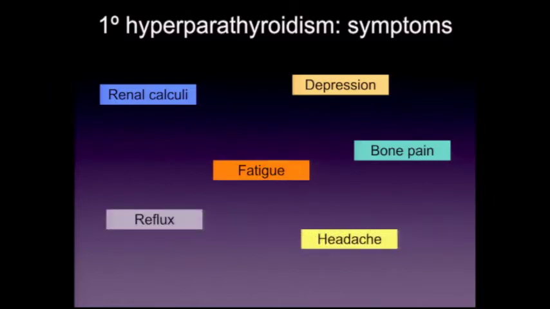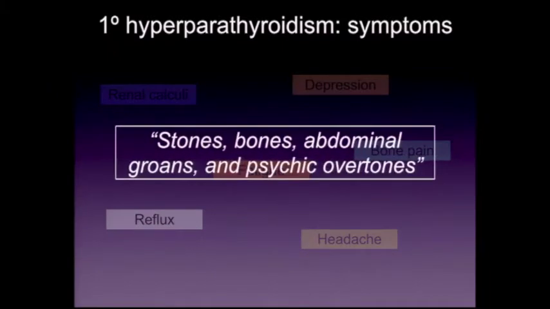And this is an odd constellation of symptoms, some of which you wouldn't expect to be included, but over the years this has led to a way of describing these clinically as stones, bones, abdominal groans, and psychic overtones. This is something I remember from medical school many years ago.